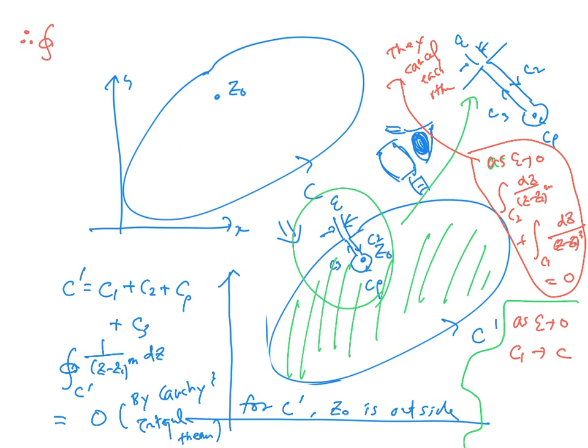This Z becomes C, zero, which is opposite direction, is 0.